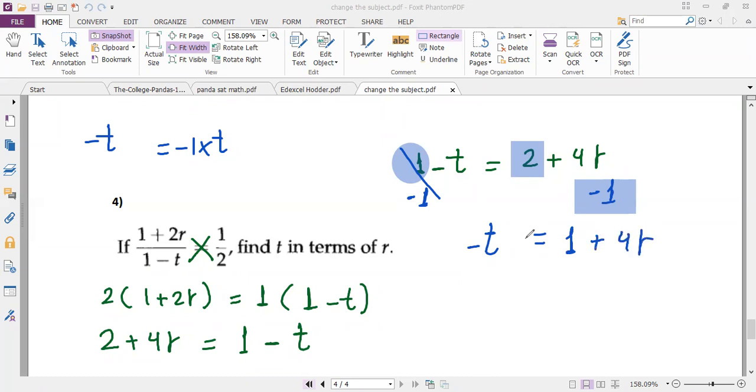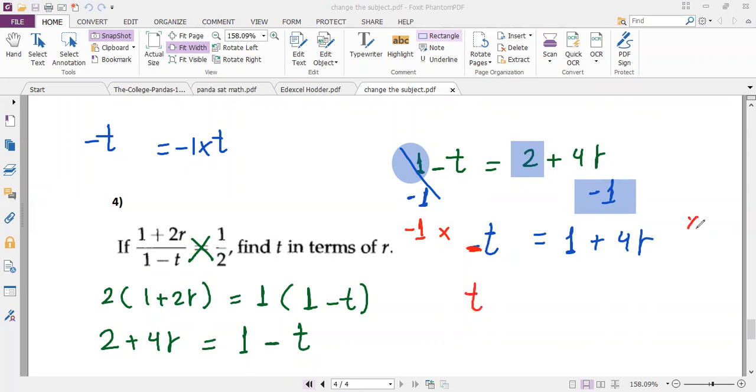What is the next step? I want to get rid of this negative, so divide by negative 1 on all sides, or multiply by negative 1. When multiplying by negative 1, negative times negative is positive, and 1 times t is t.